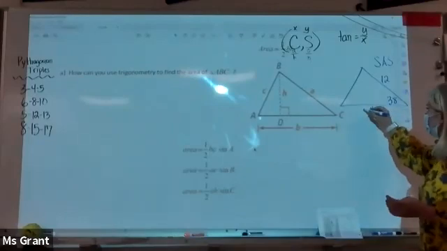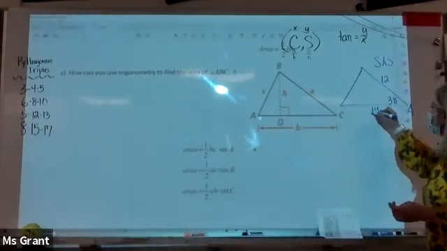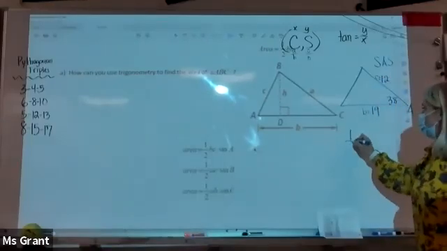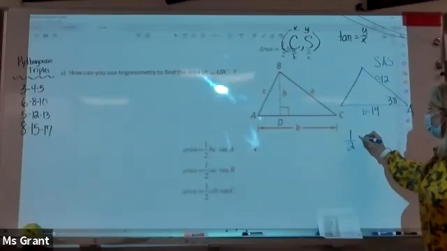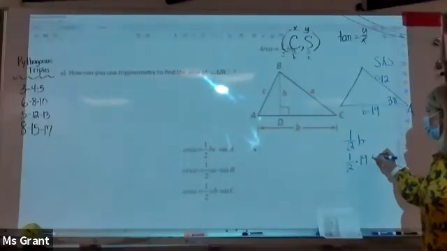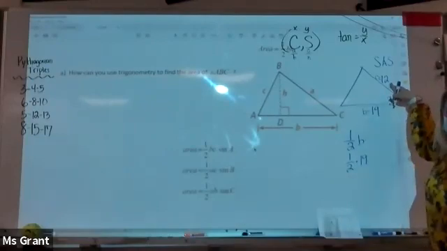I would do, let's call this angle A. This will be lowercase b and this will be lowercase c. I would do 1/2 of one side B times the other side.